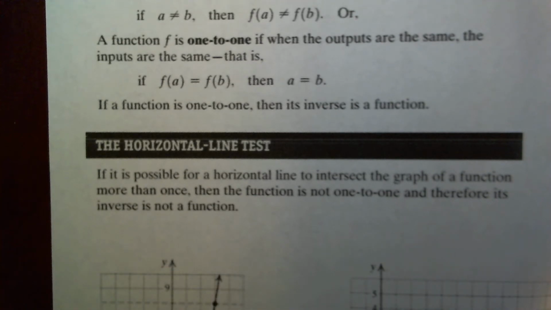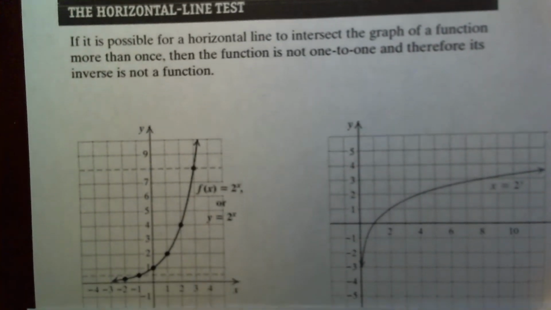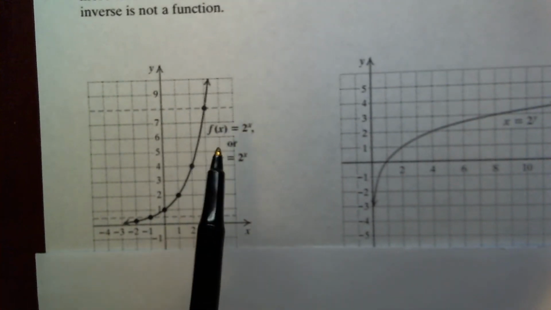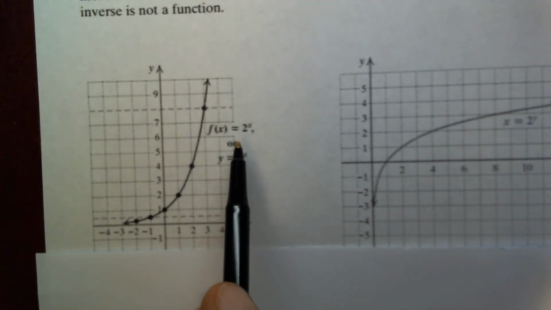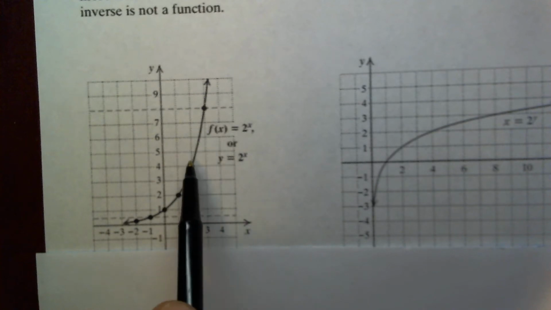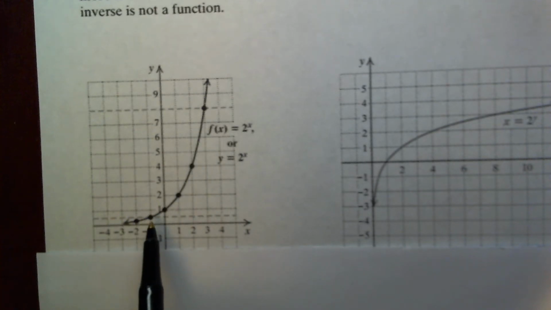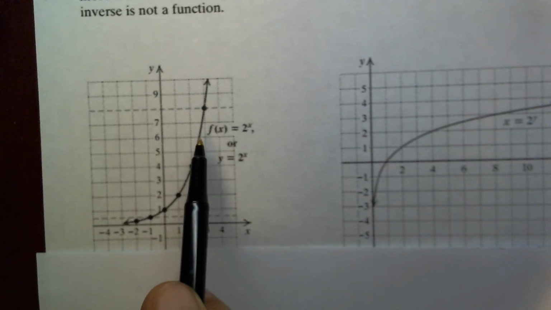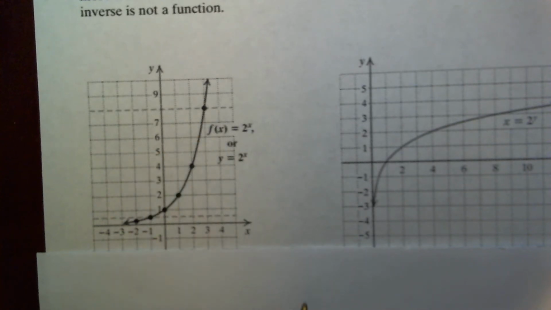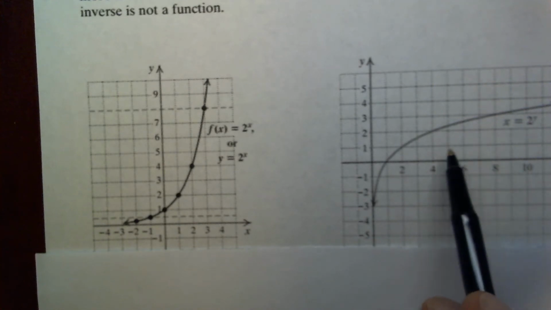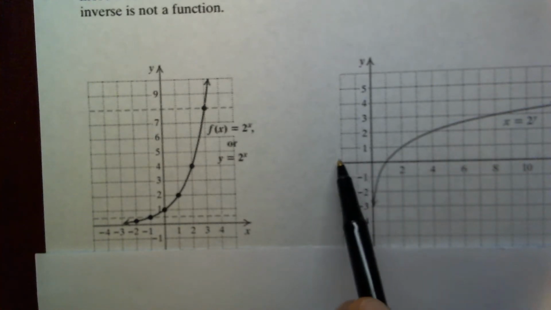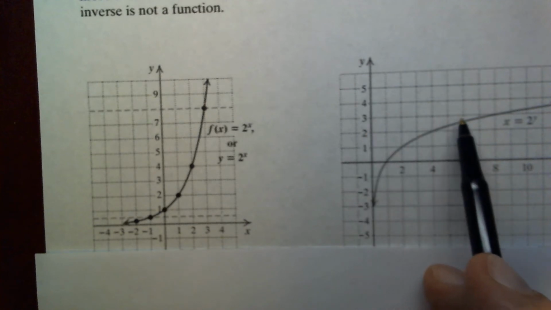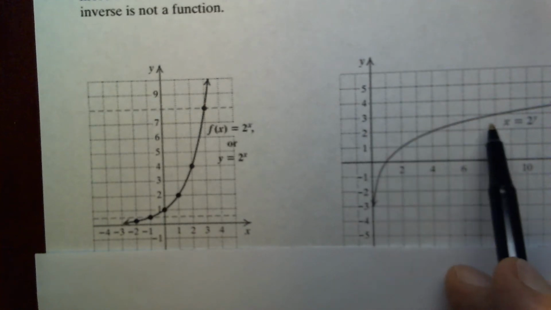So when you look at these two graphs, here's the graph of f of x equals 2 to the x, or y equals 2 to the x. In the horizontal line test, the line will intersect at most once. And when you look at the inverse, x equals 2 to the y, again, a horizontal line intersects the graph at most once.